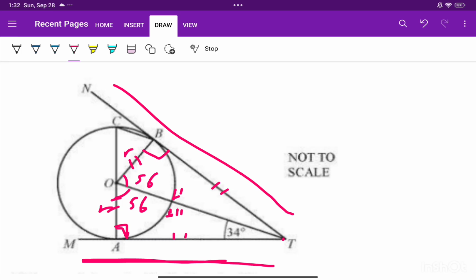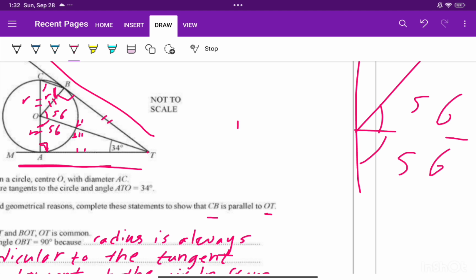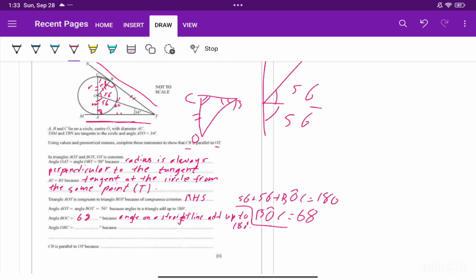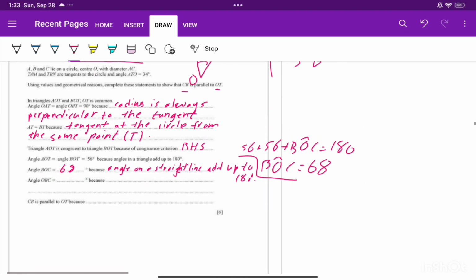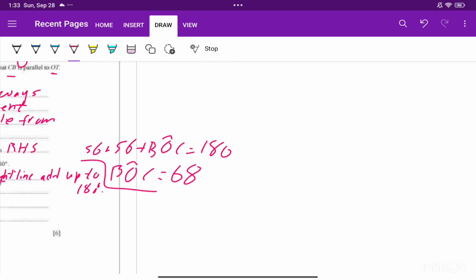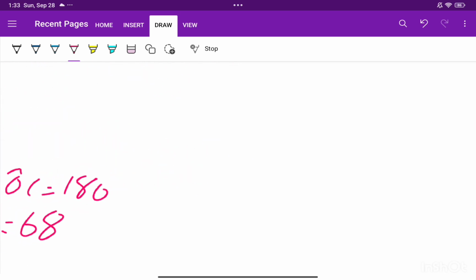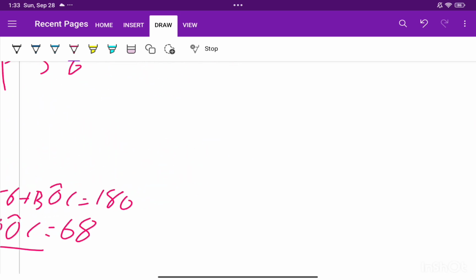Okay, angle OBC. They're asking about this. This is also our radius, so this is becoming an isosceles triangle. So OBC and OCB are both the same. We found BOC, which is 68. So as we know, angles in a triangle add up to 180.